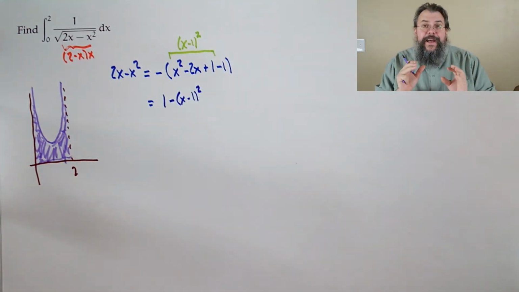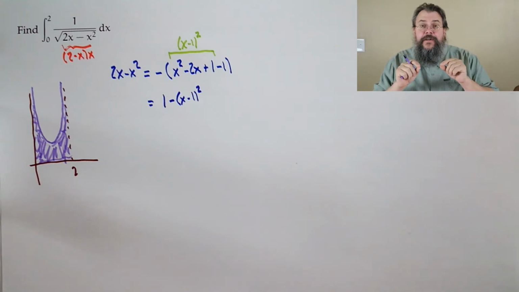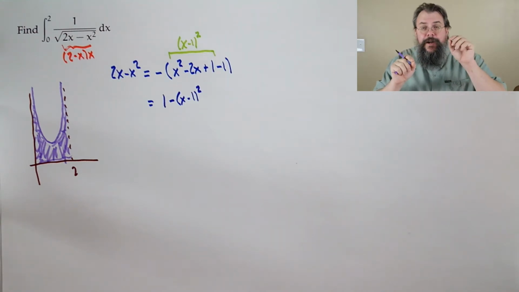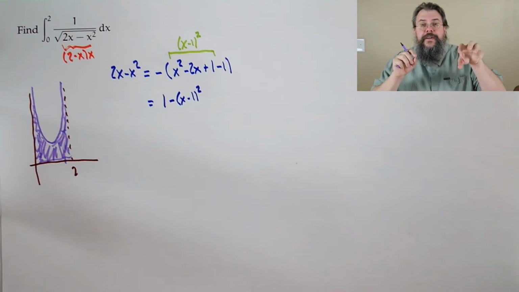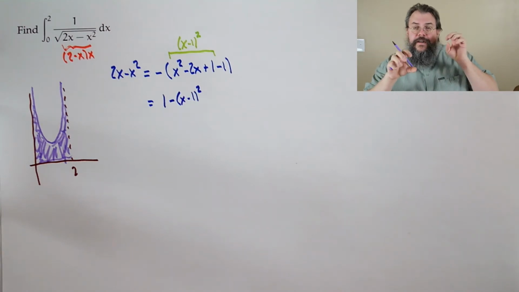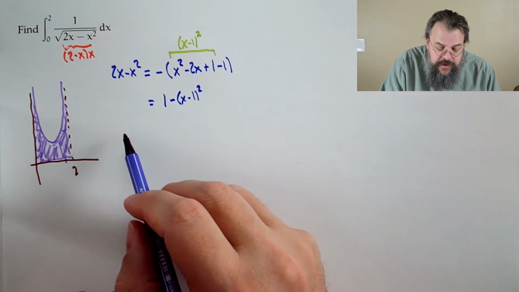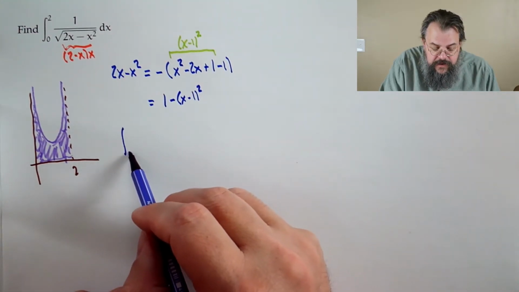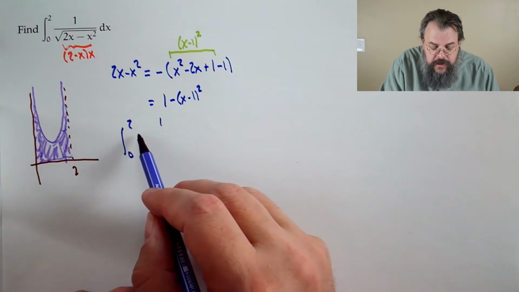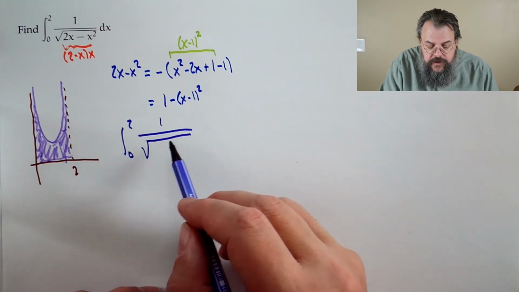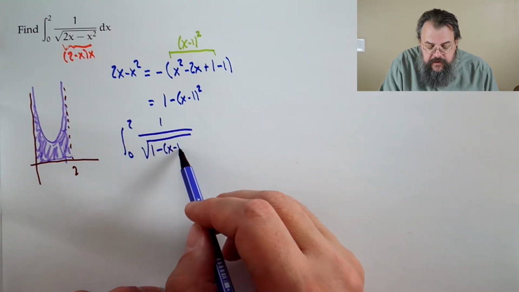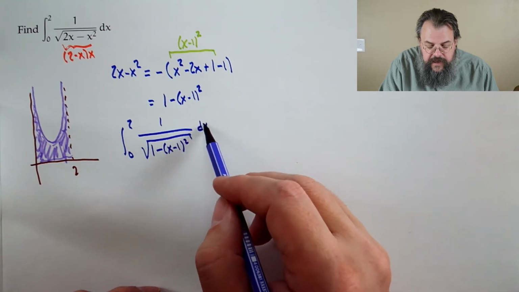So we've now written it as a difference of squares: 1 squared minus x minus 1 squared. So the variable is here. Constant squared, subtract something varying squared. So updating, we have the integral from 0 to 2 of 1 over the square root of 1 minus x minus 1 squared dx.